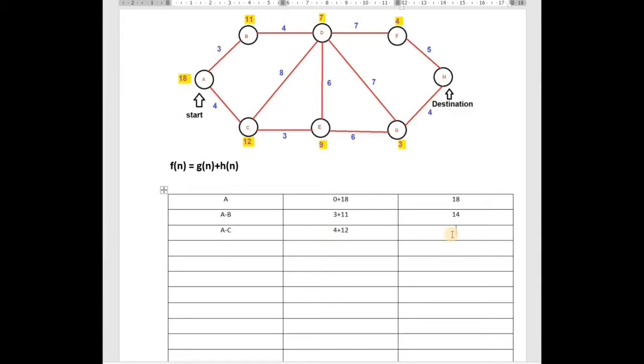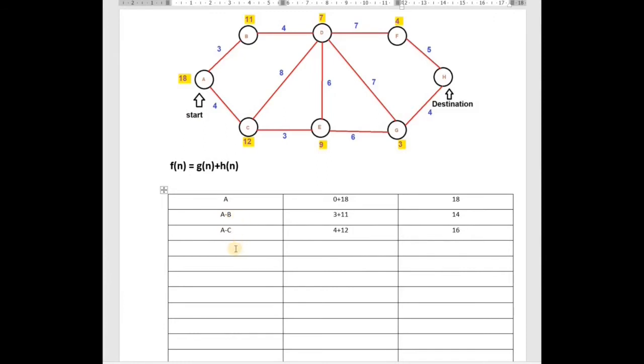So I am getting the sum as 16. When you compare these values, you can see that A to B is the lowest, because for A to B my value is 14 and for A to C it is 16.